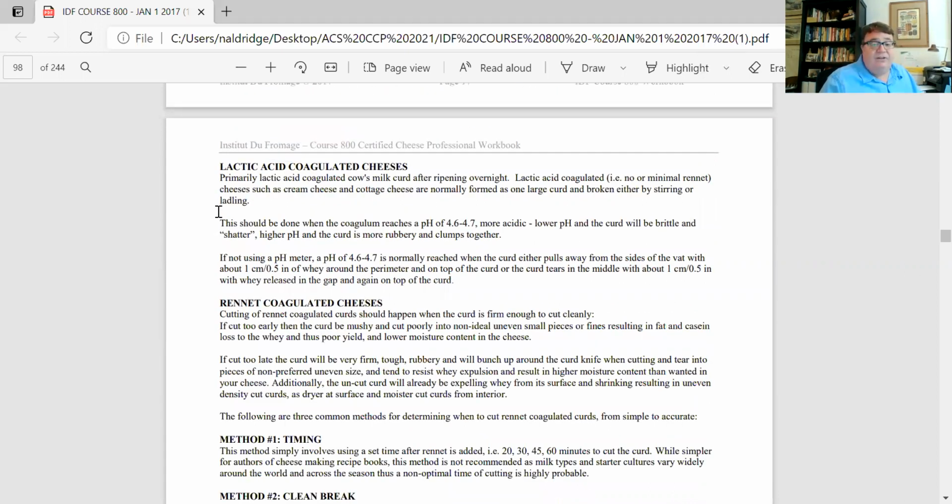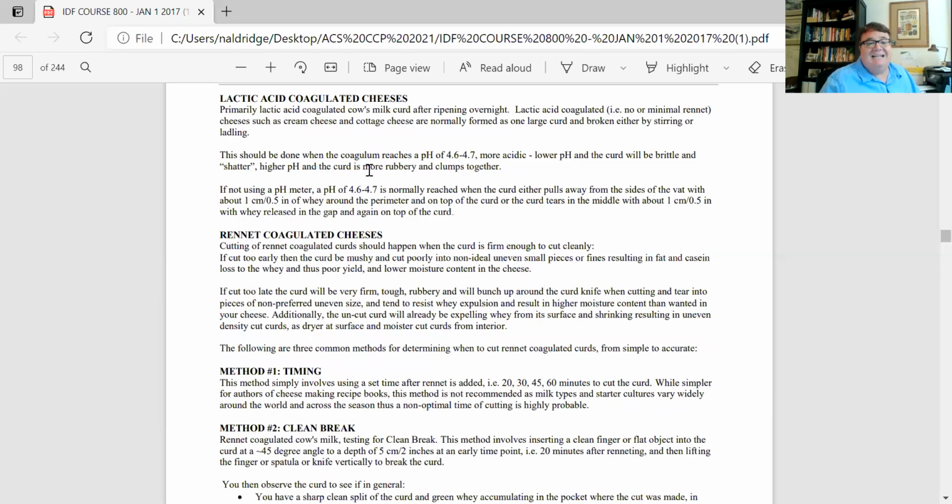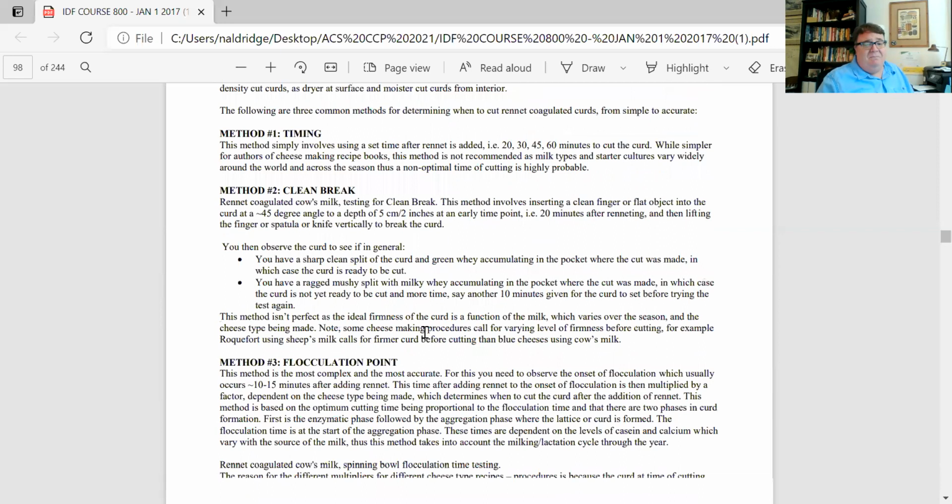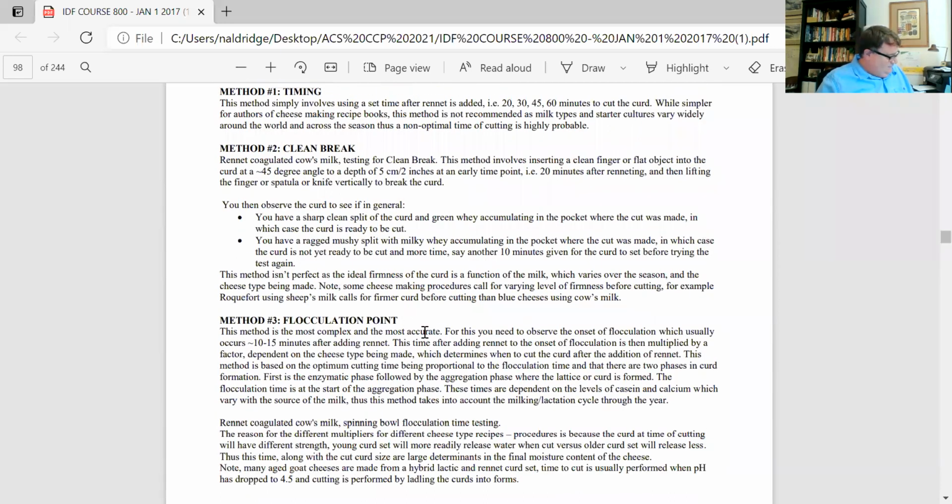And this gives you that which I was talking about on the last page, lactic acid coagulation cheeses. Yeah, absolutely. You got to know about that. Rennet coagulated cheeses. Understand what that means. Methods I would understand, but probably not going to get too many questions asked about that. But you will get asked about flocculation.